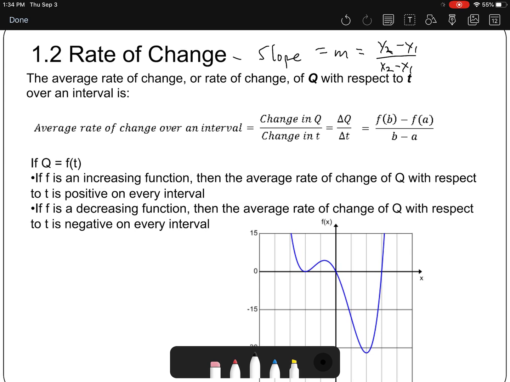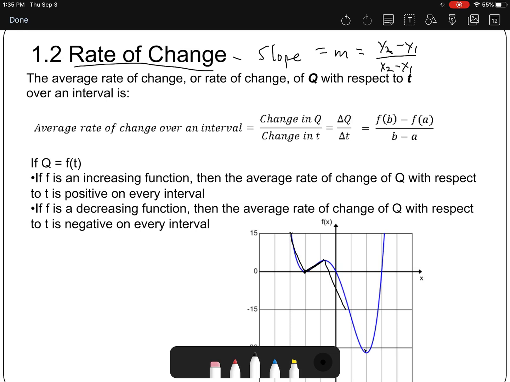That's from Integrated 1. Well, this is the same formula, but if we find rate of change, you always use the last point minus the first point, always, meaning the one on the right on a graph minus the one on the left on a graph. So if we look at this graph at the bottom, if I look at these 2 points, the average rate of change is negative.